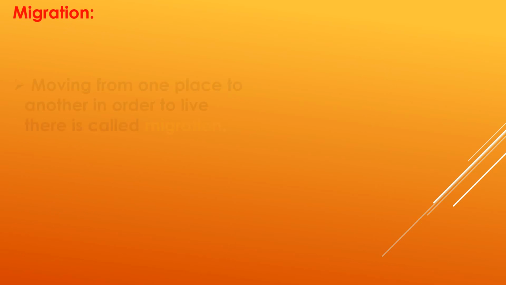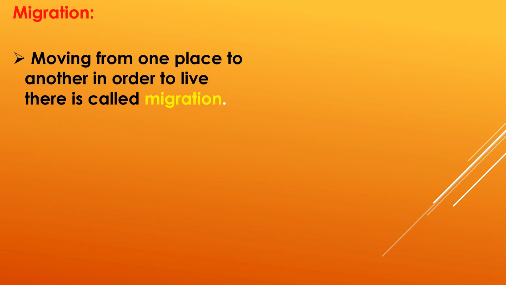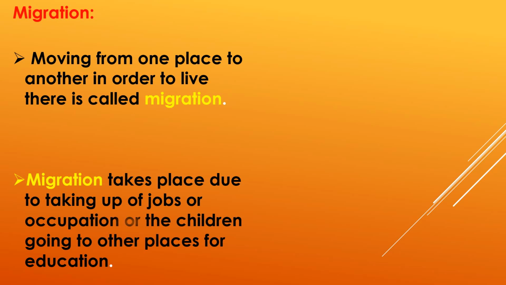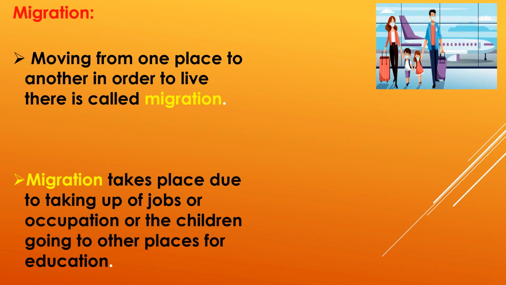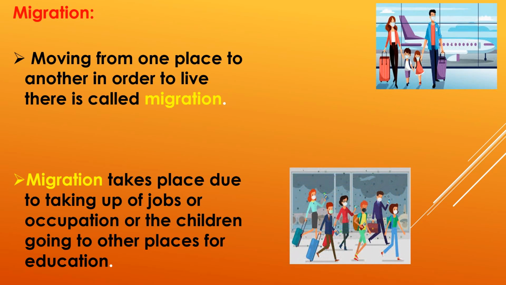Migration. It is a new word. We shall learn about it. Moving from one place to another in order to live there is called migration. Migration takes place due to taking up jobs or occupations, or children going to another place for education.